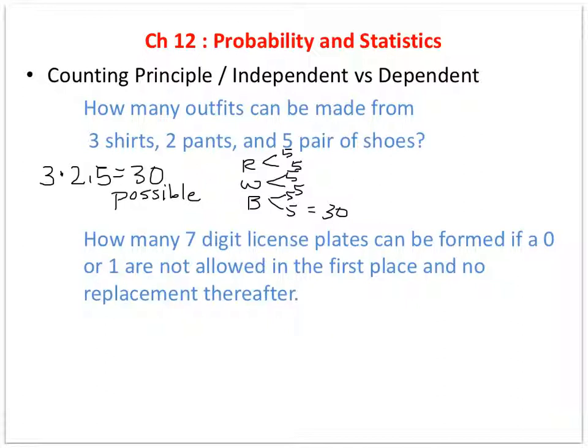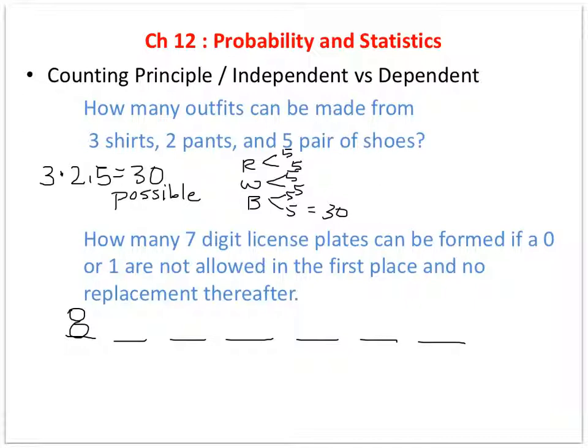These are also where you get the license plate problems. So you have a 7-digit license plate, and we want to know how many possible combinations, 1, 2, 3, 4, 5, 6, 7, are possible if you may not have a 0 or a 1 allowed in the first place. Well, there are 10 digits to choose from, so if I can't have a 0 or a 1, that limits me to only 8 choices for the first place.